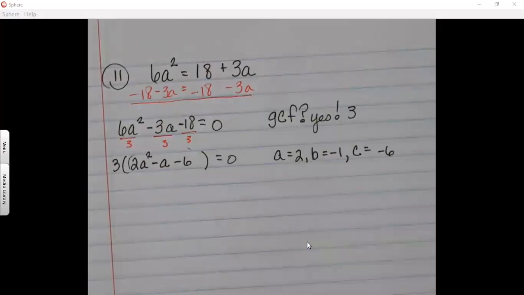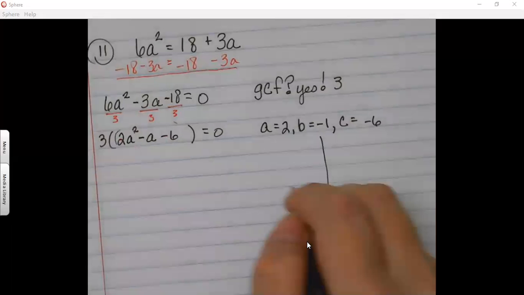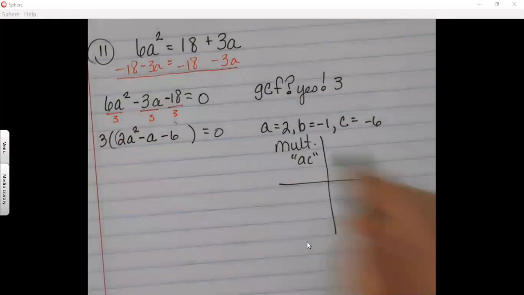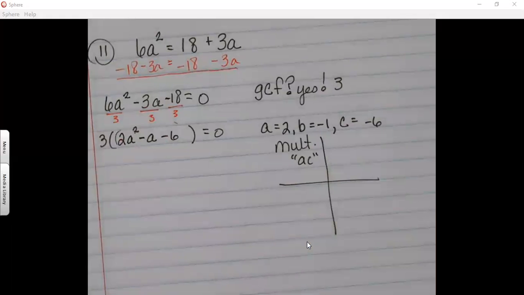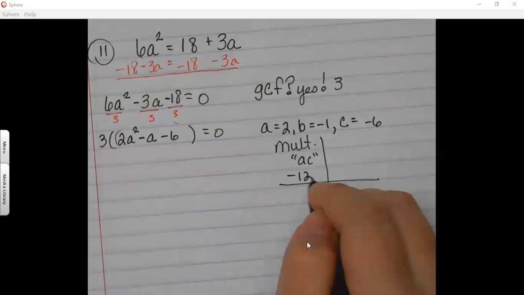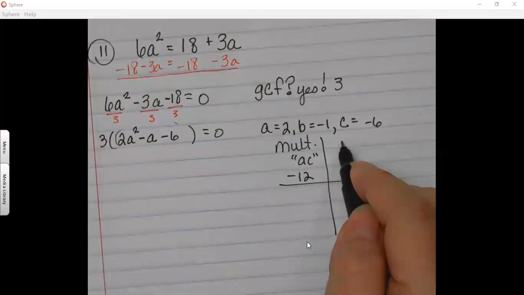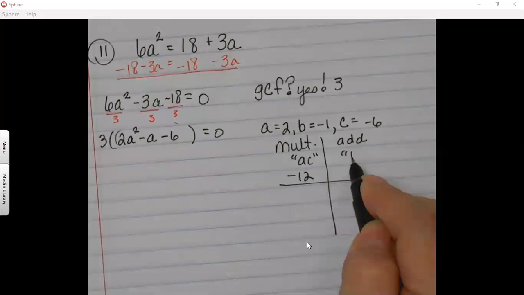So I've got 2 numbers that multiply together to give me a times c, which is negative 12. On the right side, you want two numbers that add to give you b, and b is -1.